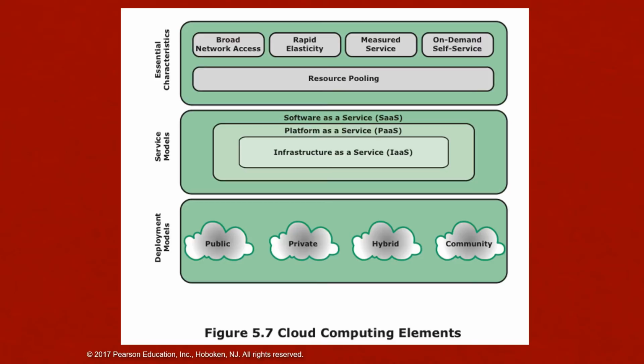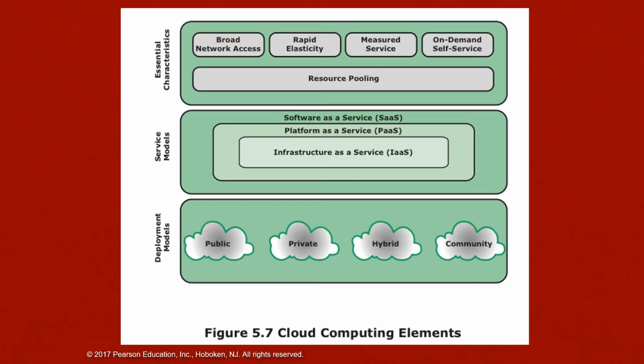Community cloud. The cloud infrastructure is shared by several organizations and supports a specific community that has shared concerns, for example, mission, security requirements, policy, and compliance considerations. It may be managed by the organizations or a third party and may exist on-premise or off-premise.